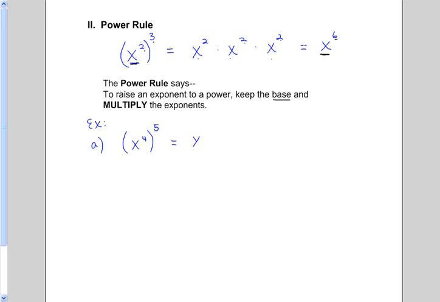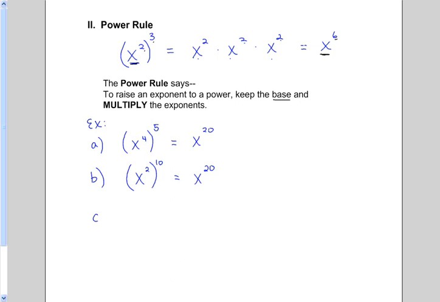So this would just be x to the 20th power. If I have x squared raised to the 10th power, then this would be x to the 20th again, multiplying the exponents.